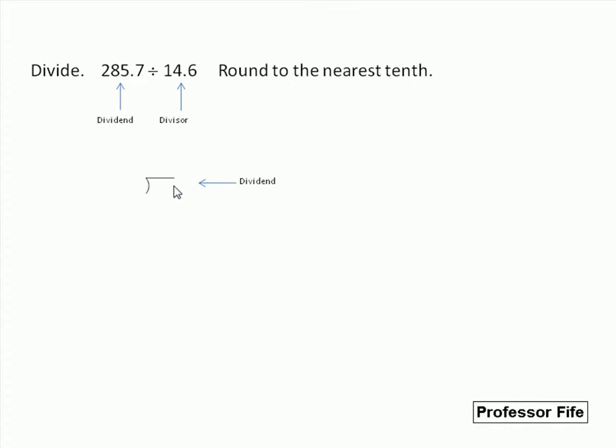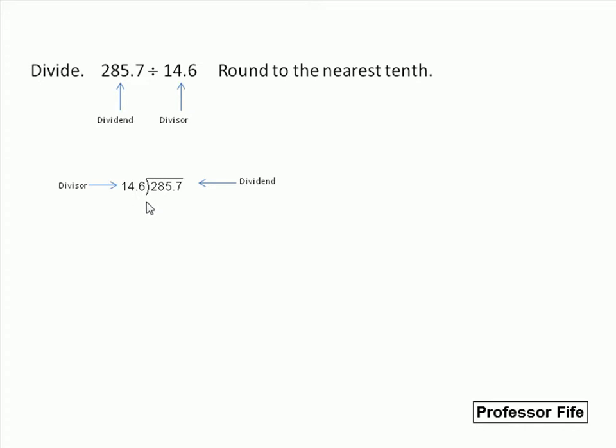The dividend goes underneath, and the divisor comes in front of the long division sign. So this is 14.6 divided into 285 7/10, or 285 7/10 divided by 14.6.